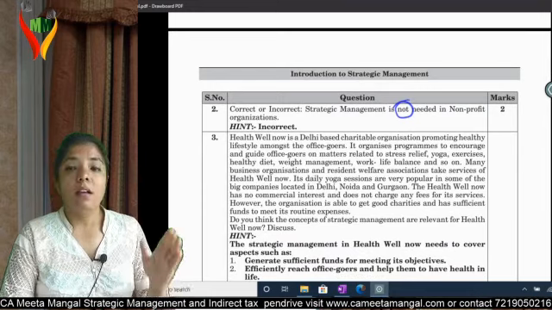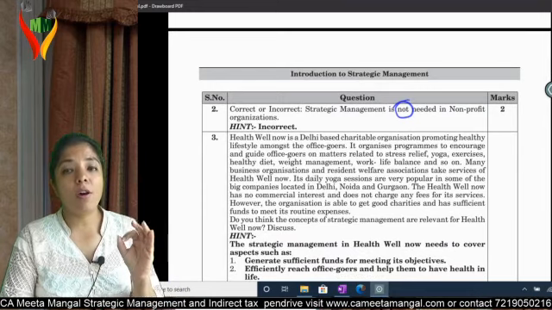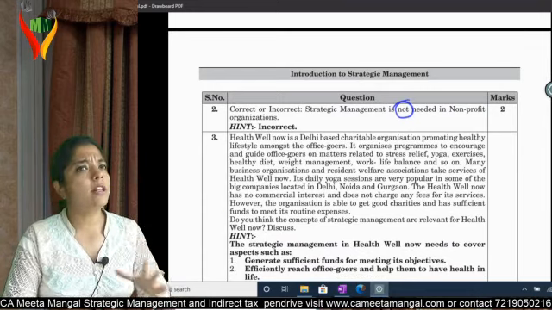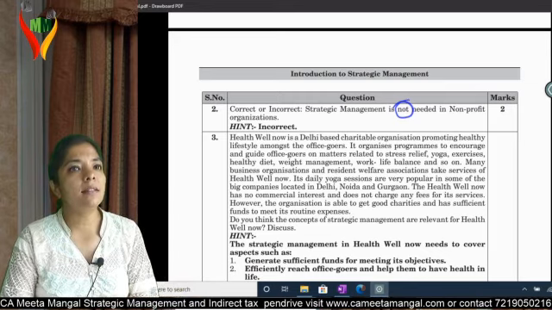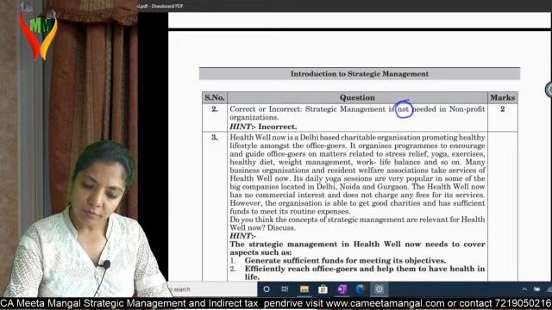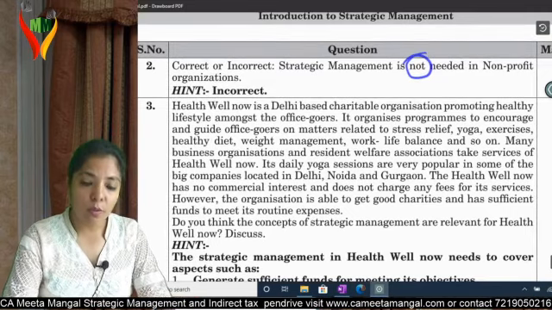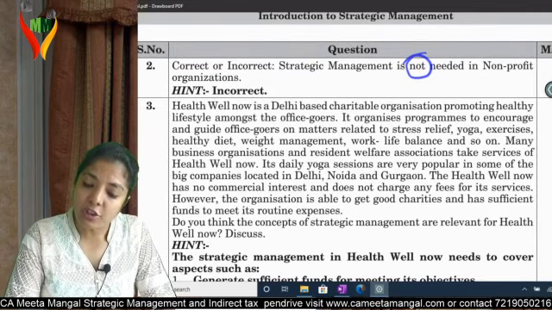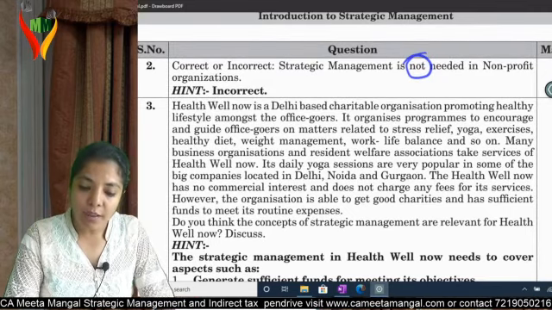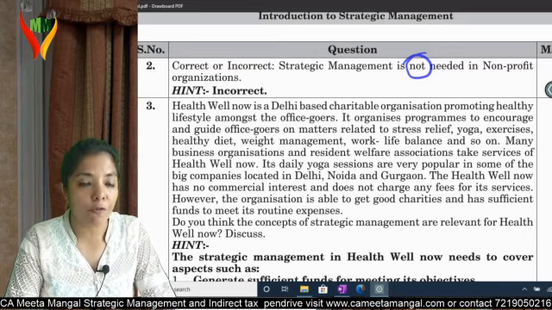Now come to this case study. Again, I'm saying, case study on NPOs, those 4 points right by default, and the balance depends on the case. What they've written: Health Now, a Delhi-based charitable organization promoting a healthy lifestyle amongst office goers.